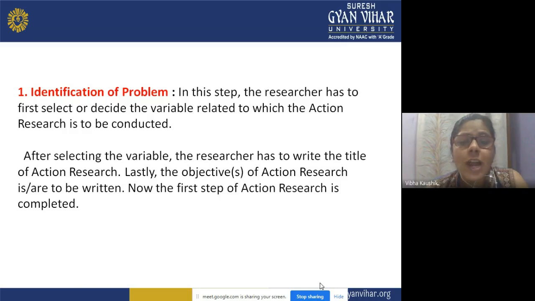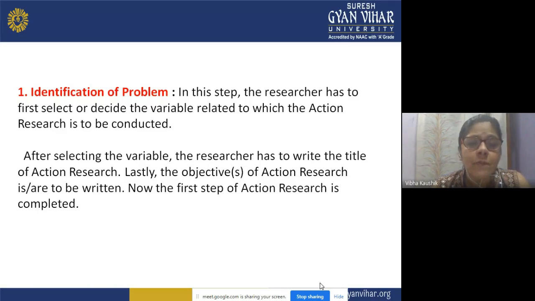So the motivation and the teaching learning process are the variables. Motivation will affect the performance or the achievement of the student. Then again the achievement and the motivation will become the variables. So first we have to select the problem, what the basic problem is, then we have to decide what are the variables which are affecting our problem.